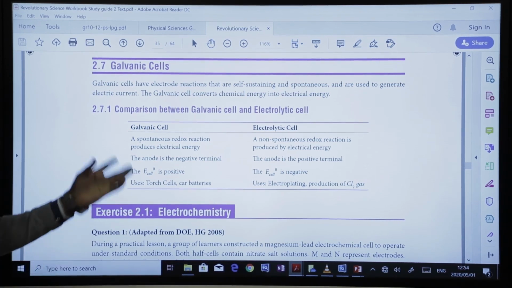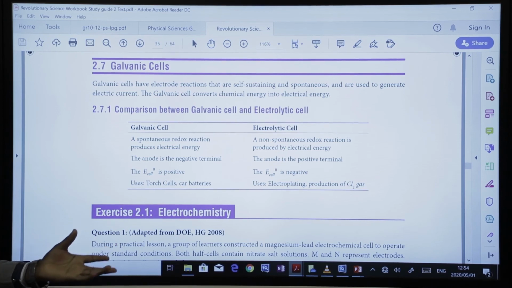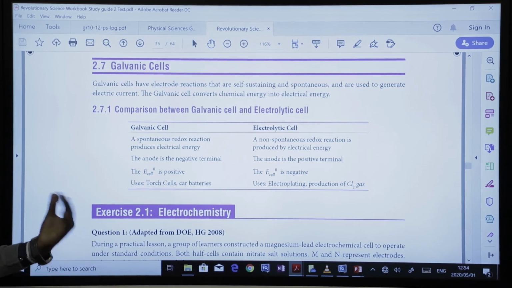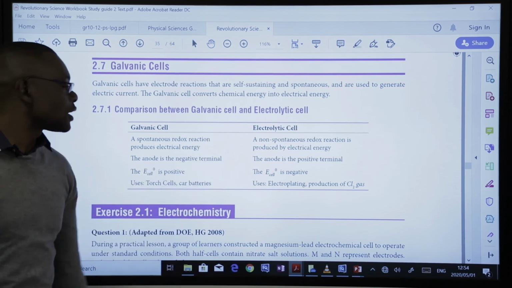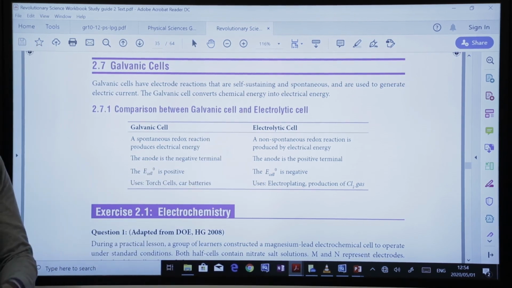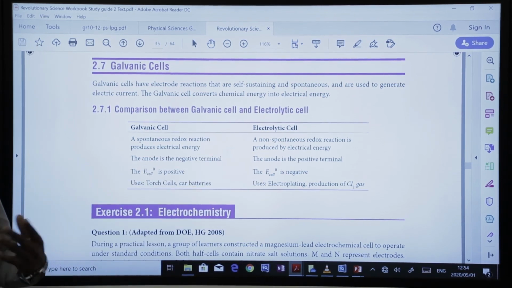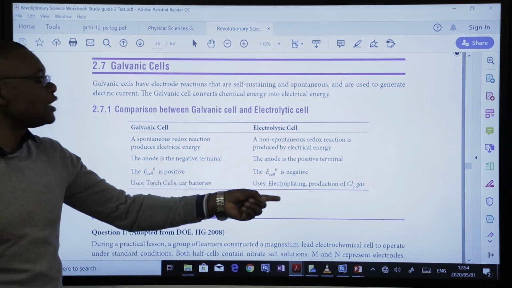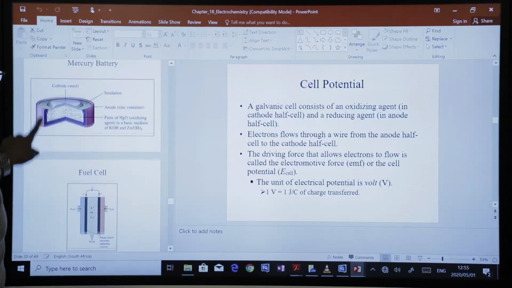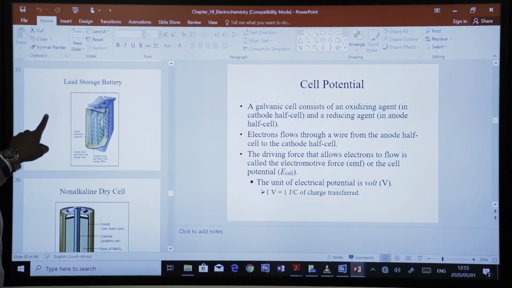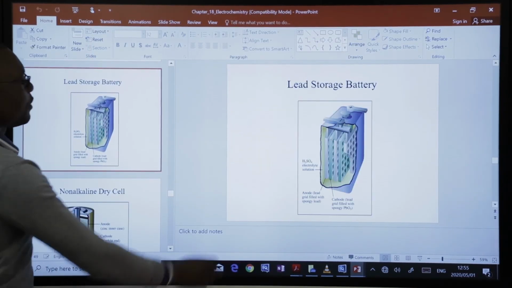And you see that with galvanic cells, we make electrical sources like torch cells, car batteries, and other materials. But in electrolytic cells, we actually use the energy to carry out processes such as electroplating or production of chlorine gas.